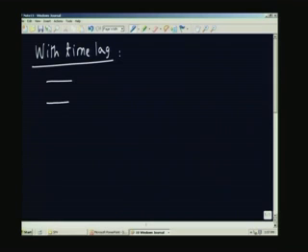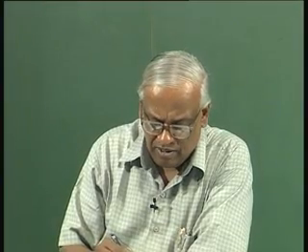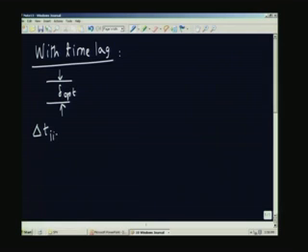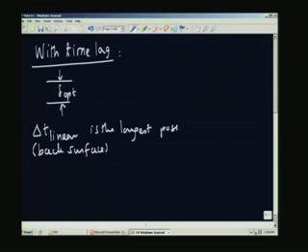So, with time lag, it can be shown that there is a certain thickness which we call the optimum thickness for the slug, such that the portion wherein the temperature is more or less going linearly, which we will call delta T linear for the back surface, is the largest possible, given the highest temperature the slug can be exposed to.